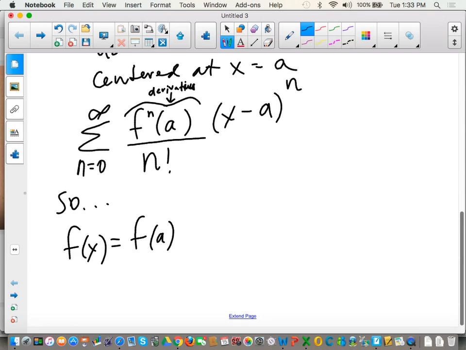And 0 factorial is defined as 1, times x minus a to the 0 power. And almost anything to the 0 power, we know now, is going to be 1. So when n equals 0, the very first term is just f of a.